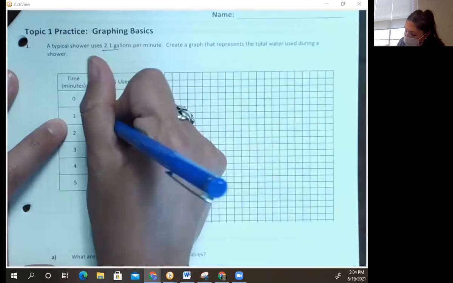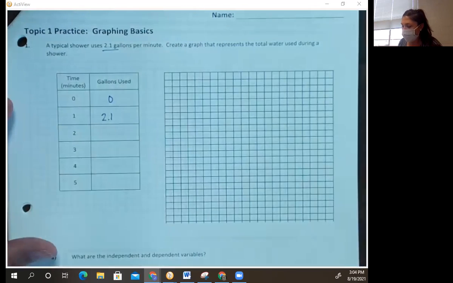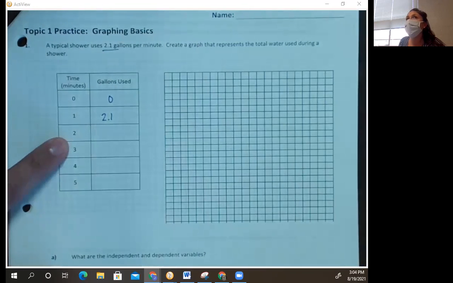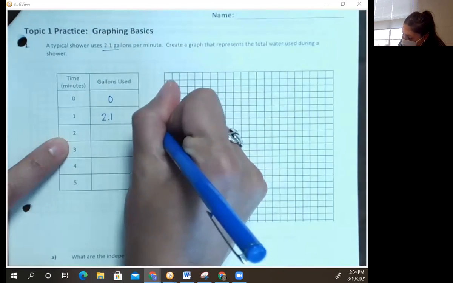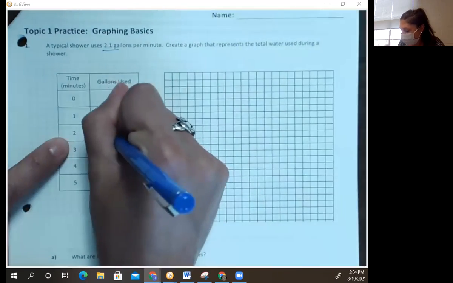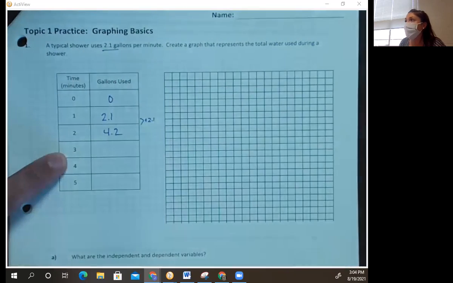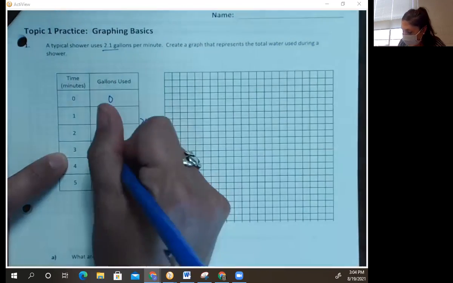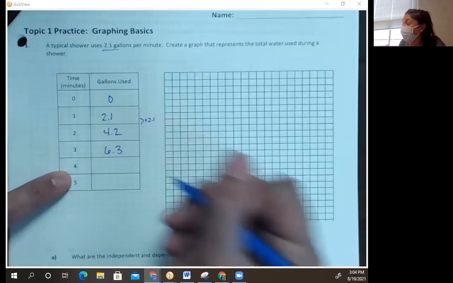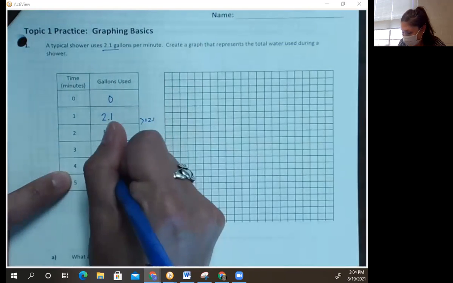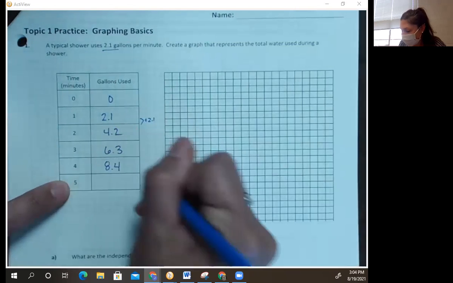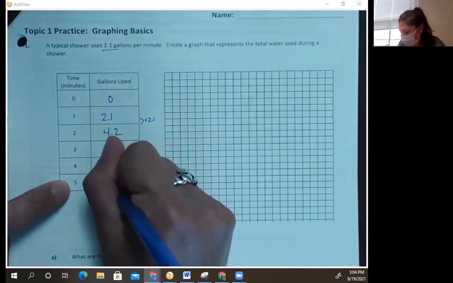Yeah, 2.1 gallons. Very good. What about if I leave it run for 2 minutes? Yeah, I need to add another 2.1 since I let it run for another minute. So this would be 4.2. For 3 minutes, I would use 6.3. For 4 minutes, 8.4. And 5 minutes. Very good.